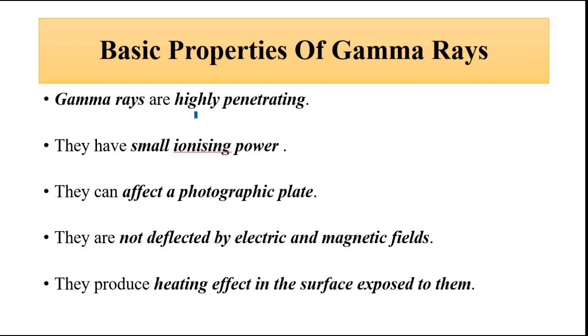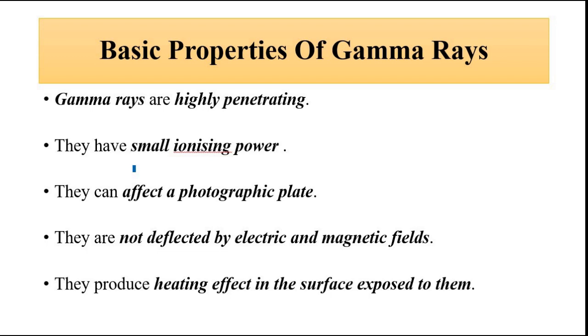They can penetrate substances to greater depths as compared to the other electromagnetic waves. They have a very small ionizing power. Ionizing power is basically that when certain electromagnetic radiations are focused on specific materials, they force them to lose electrons, causing chemical reactions, and as a result, certain chemical changes take place.